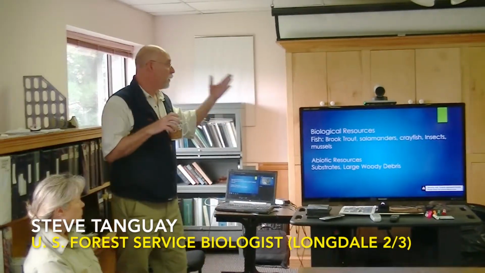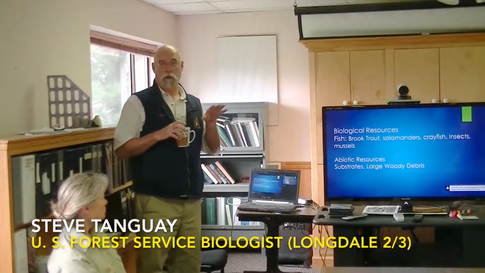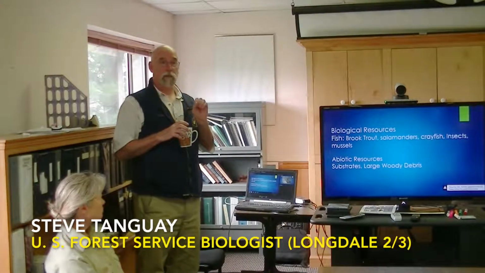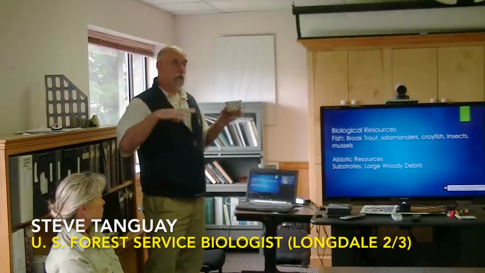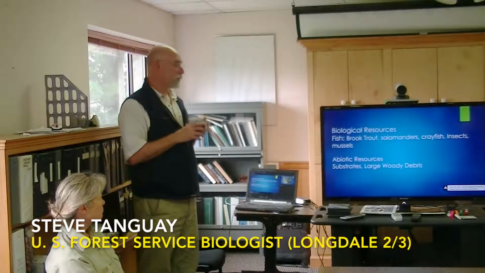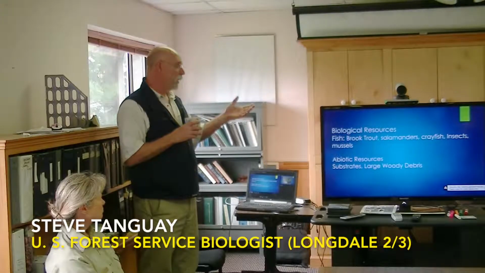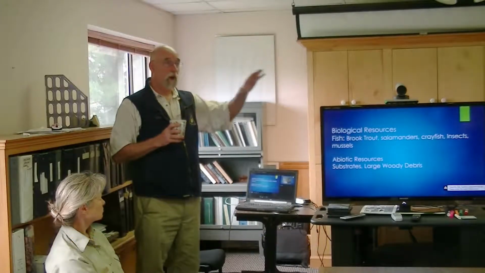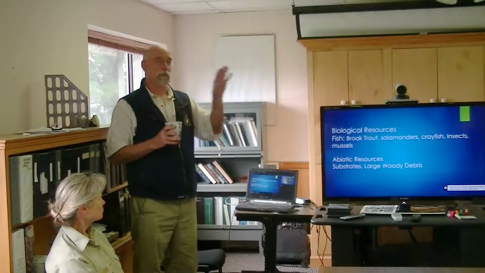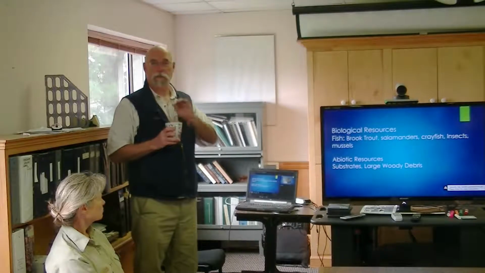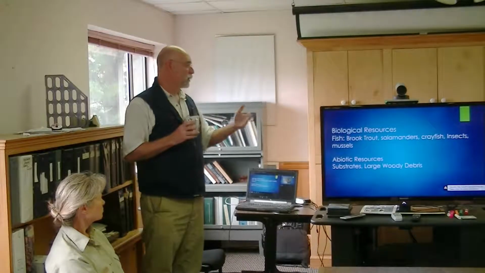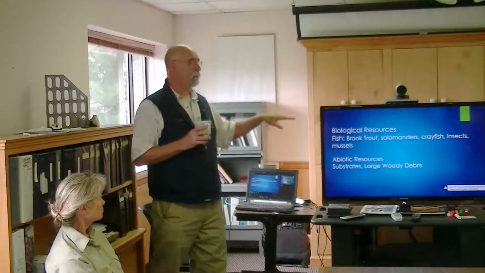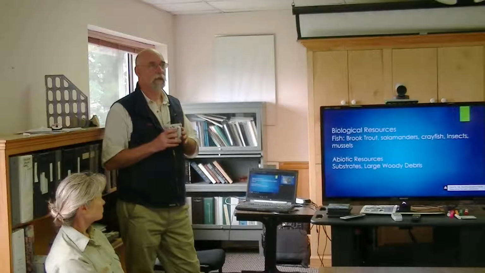But when I go to these places, I'm thinking about brook trout, number one, in terms of it's our management indicator species. So we use brook trout as sort of a surrogate for everything else that's going on, especially in these cool water streams. Salamanders, crayfish, insects, mussels, they all require that connectivity, for all different reasons, all different parts of their life history. I'll just go with brook trout because people tend to like them, but everything up here has a need for connectivity.